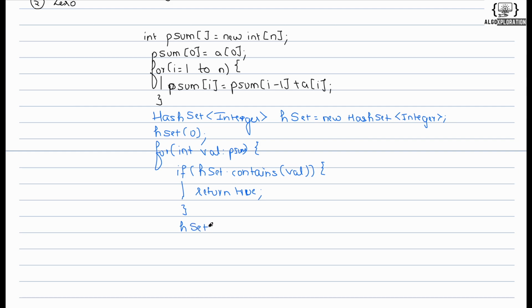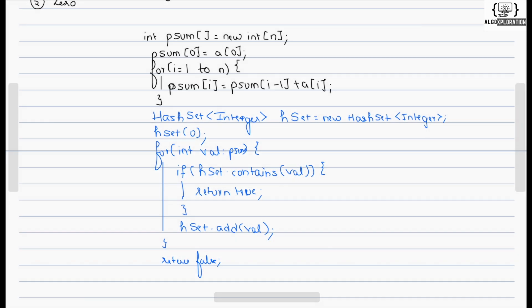So hashSet add val. That's it, we are done. And if the execution is not going in the if case, at last we need to return false. I hope you got it. So with this simple approach we can solve this problem.